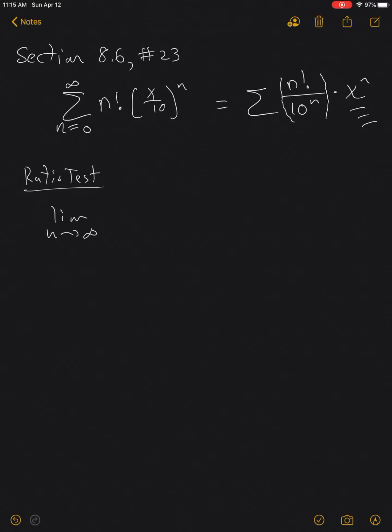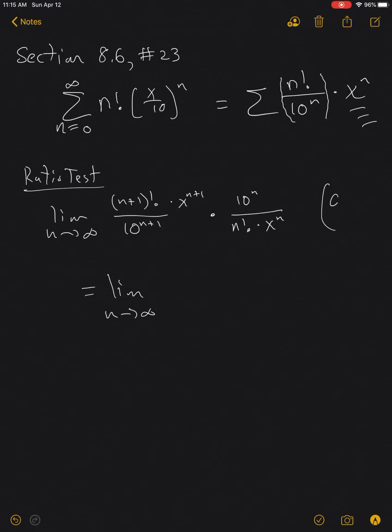So we're going to have n plus 1 factorial over 10 to the n plus 1, times x to the n plus 1, times, and now we're going to do the reciprocal of the a sub n term, 10 to the n over n factorial times x to the n. So we've written this as a sub n plus 1 times 1 over a sub n.